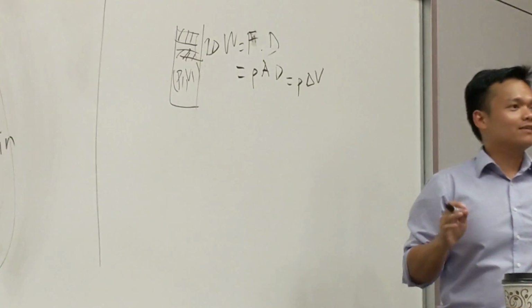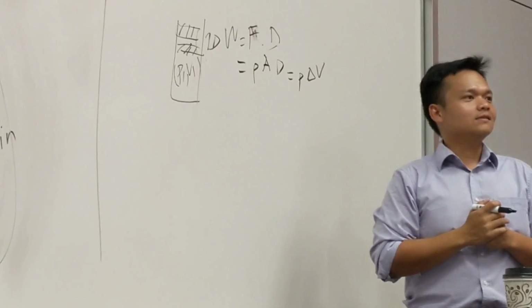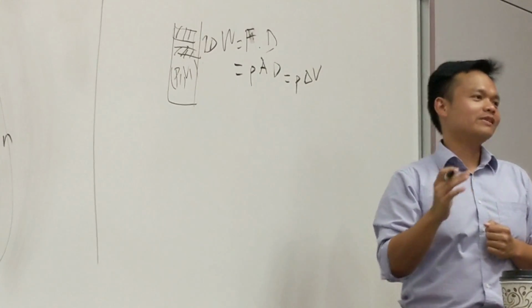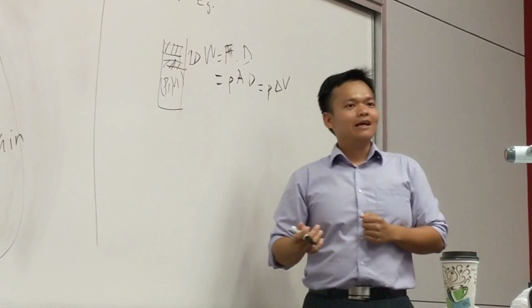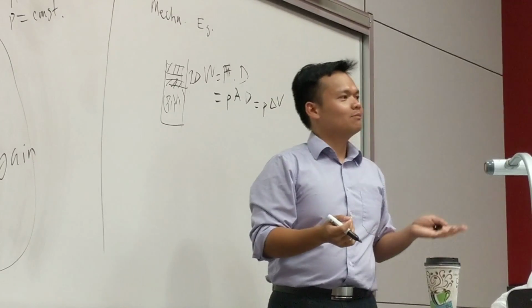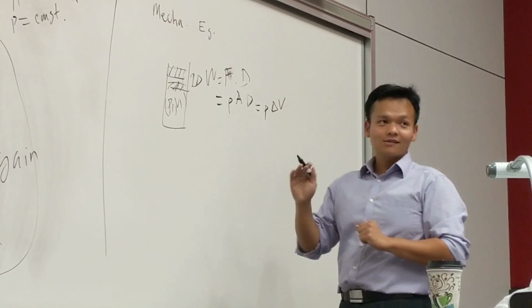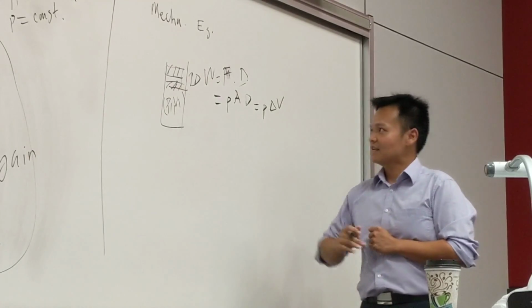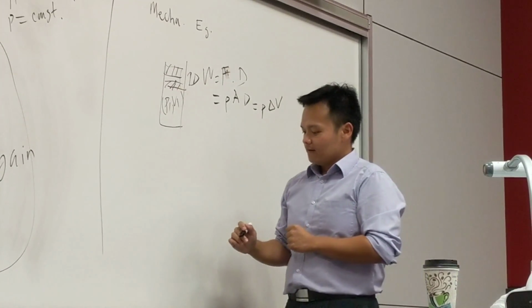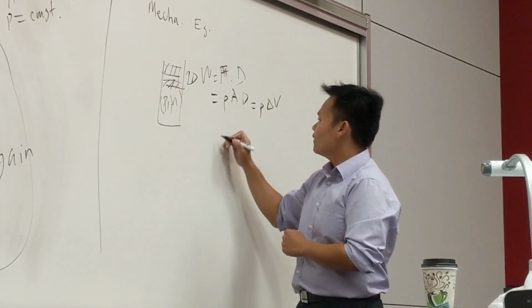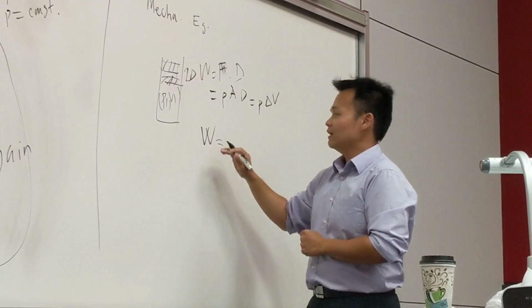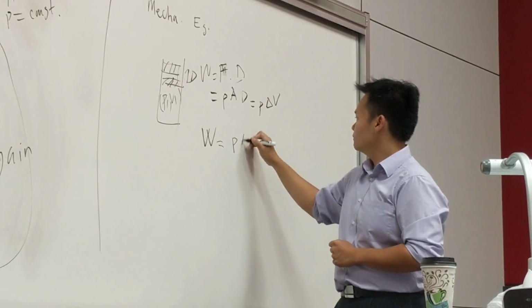This is by convention, guys. When the system expands, we say it does work to the environment, and when it compresses, we say the environment does work to the system. It's just convention, and we're going to stick with this one for the sake of simplicity. So now we can quantify the work, which equals P dV.